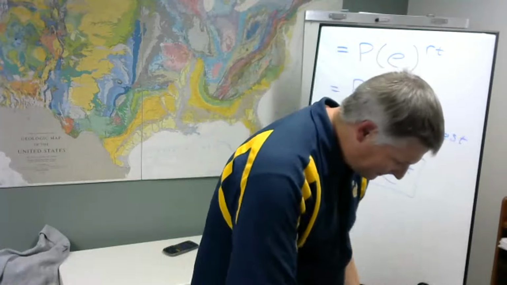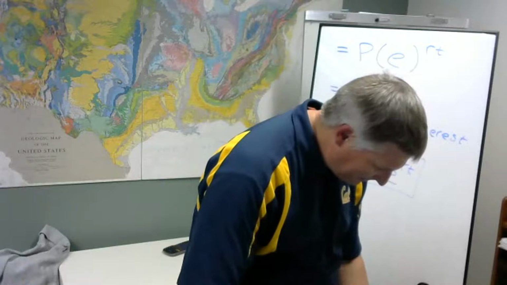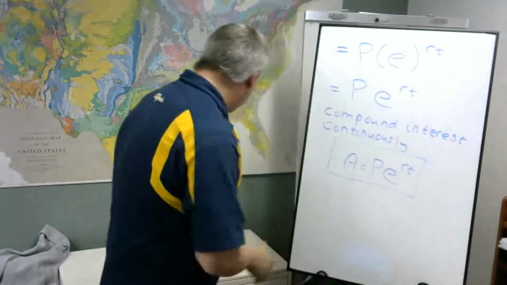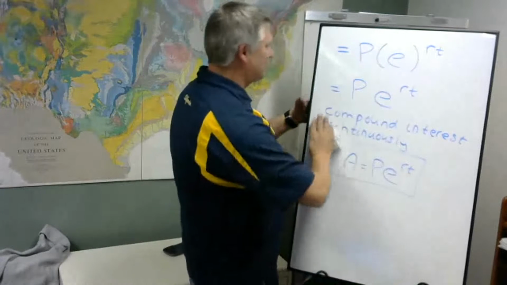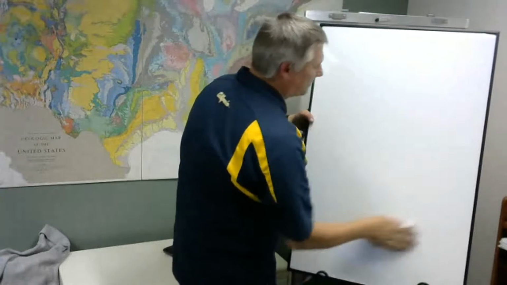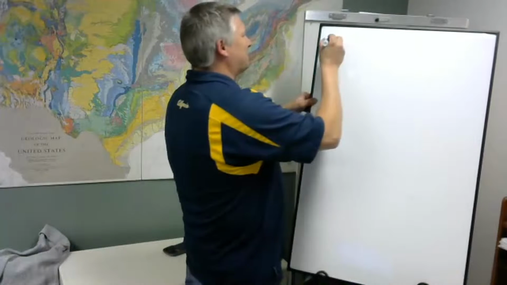All right. So just an example working with compound interest. Let's do a couple of these. You're going to have two formulas, the compound interest formula and the compounded continually interest formula. So typically what you'll get is something like this.